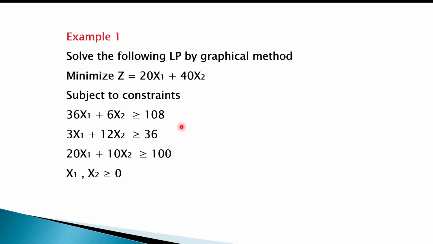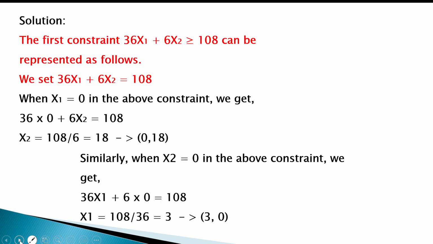Then that will be the feasible solution region. From that, we can obtain the corner points and then plug the corner points into the objective function. And then we can find the minimum value of z. So that will be your optimal solution.